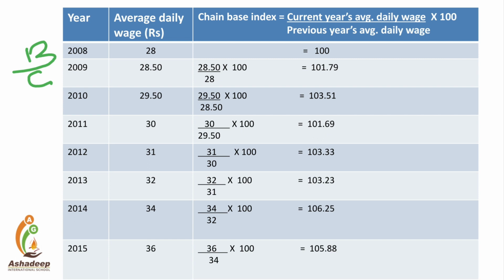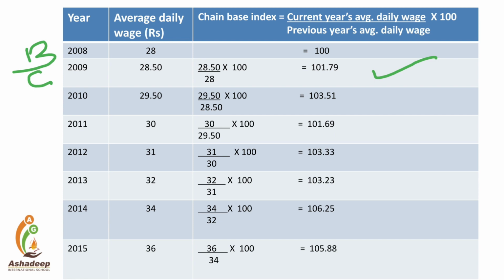Now we have both the value of the current year and the value of the base year. Just divide and multiply with 100, and we will get the value of the index number. Once you understand the procedure, these sums are too simple.